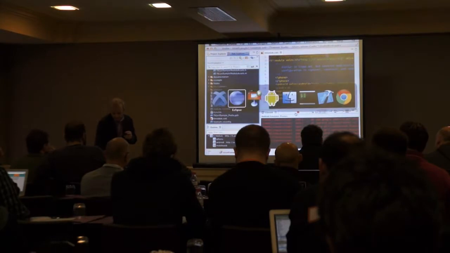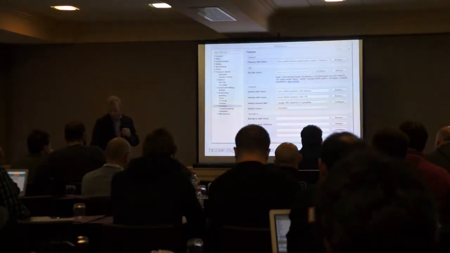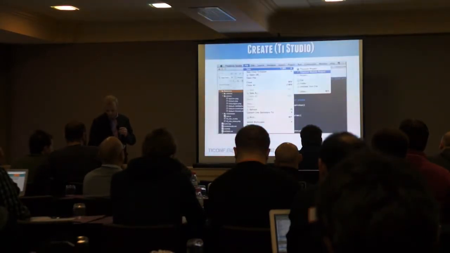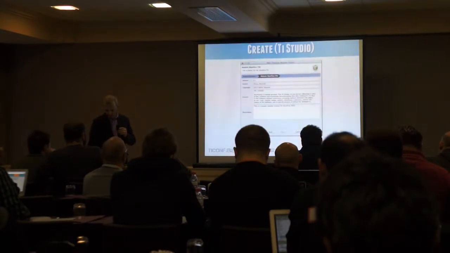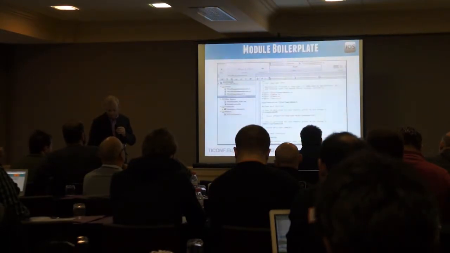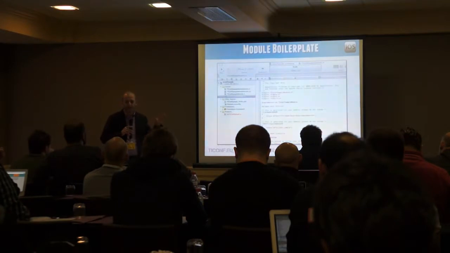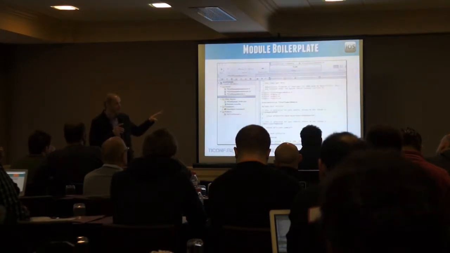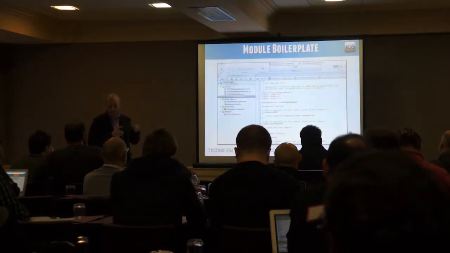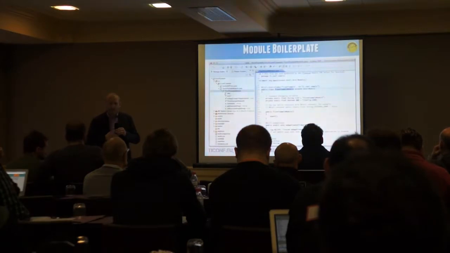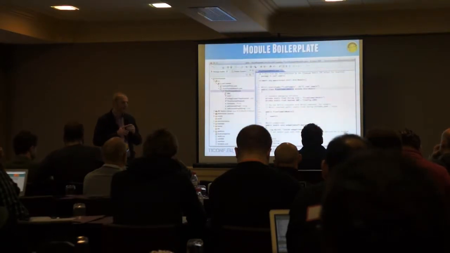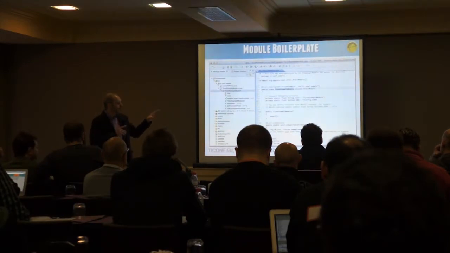And maybe I can show you here. So basically, on one side we have the iOS one that in this slide is shown opened in Xcode. And then we have the Android counterpart, which here has been opened in Eclipse.